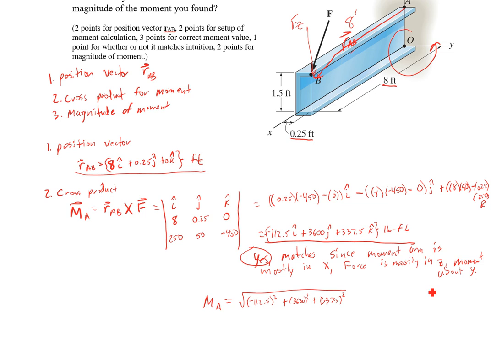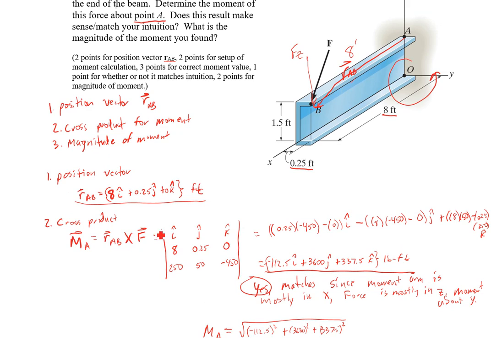When I take the square root, I get M A is 3601.8 pound-feet, or basically all of that j hat part is what comes through.